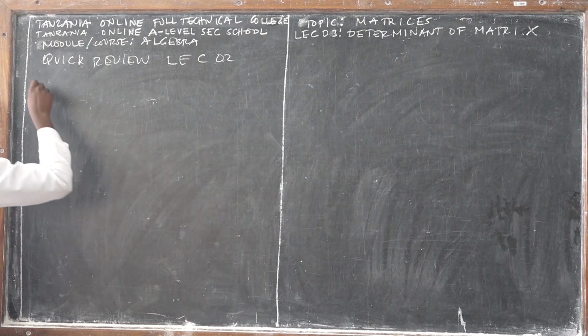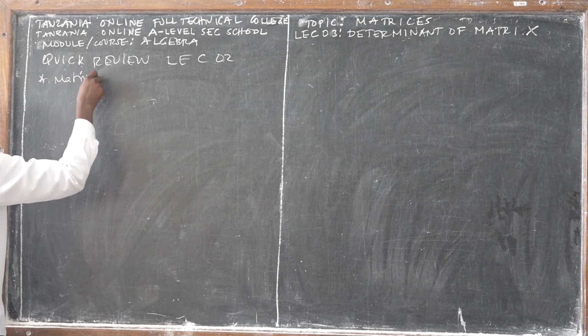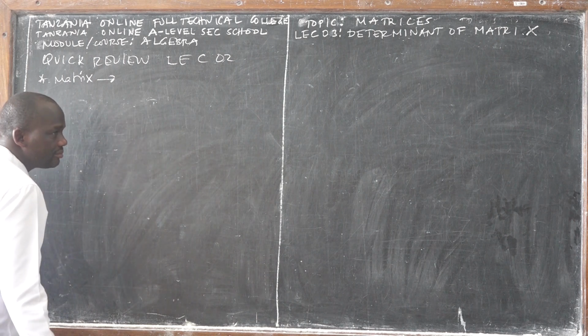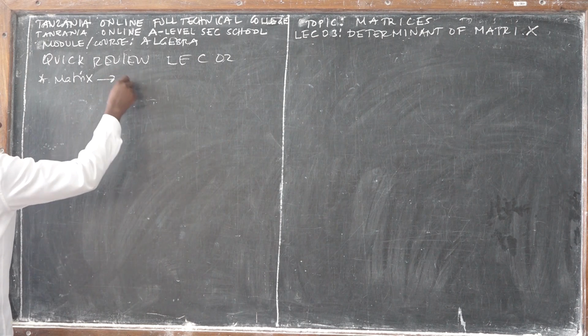In lecture 2, first of all, we defined what a matrix is. A matrix is a rectangular array.